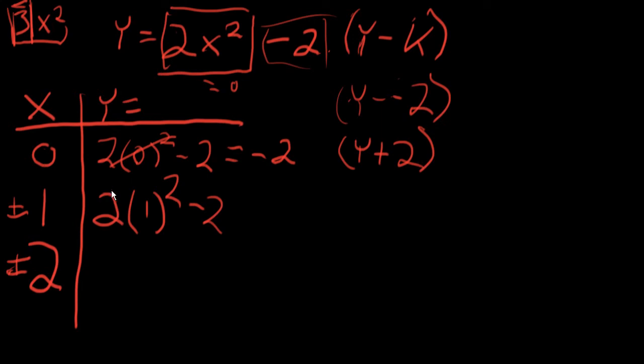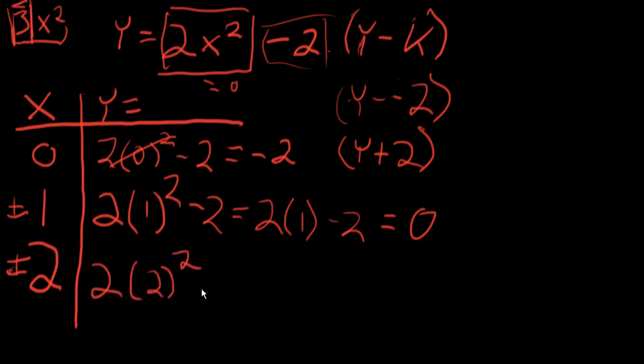Okay, so 2 times, well, you got 2, 1 minus 2 equals 0, and then 2 squared minus 2 equals 2, 4 minus 2, which equals, okay, 8, 6.